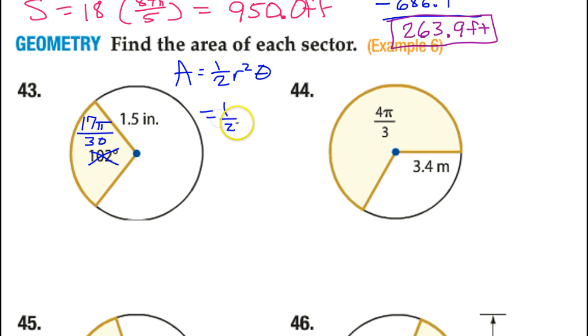So this is going to be 1/2 times 1.5 squared times 17 pi over 30.